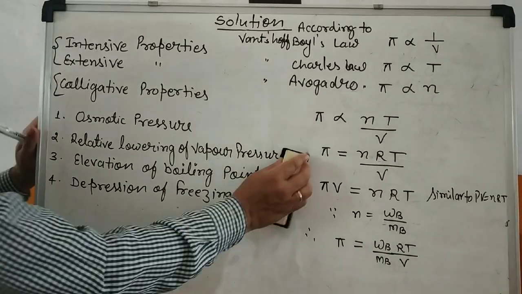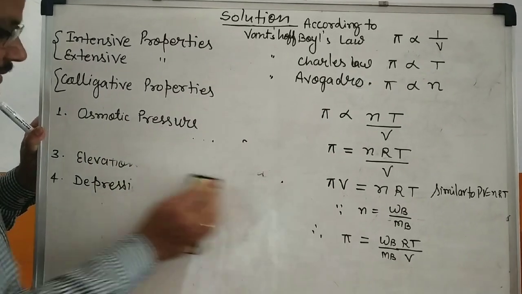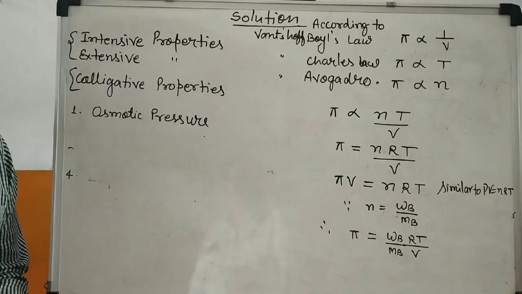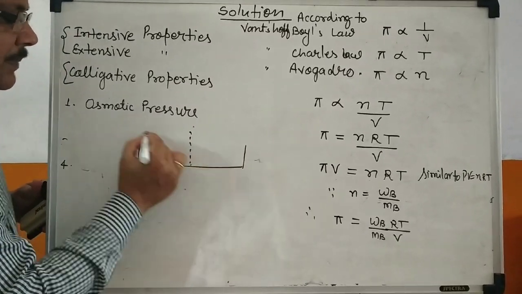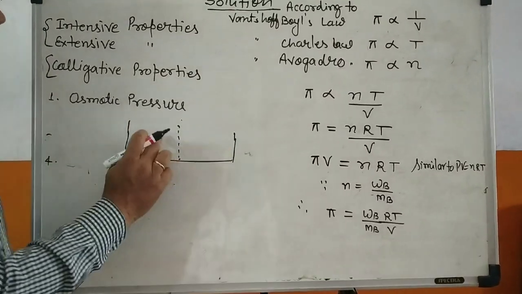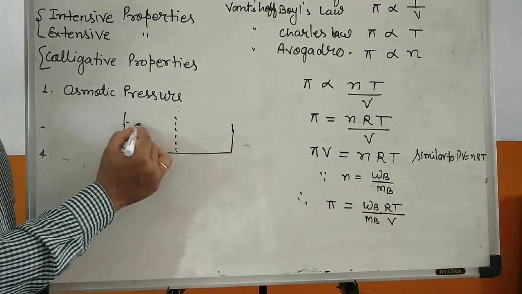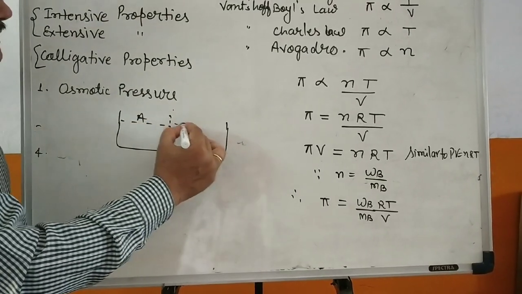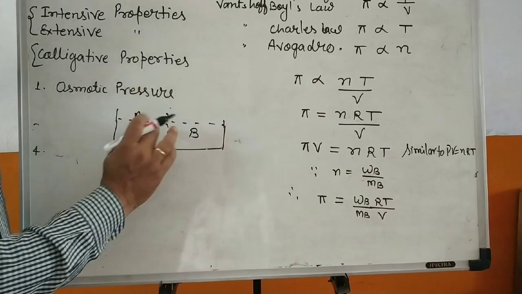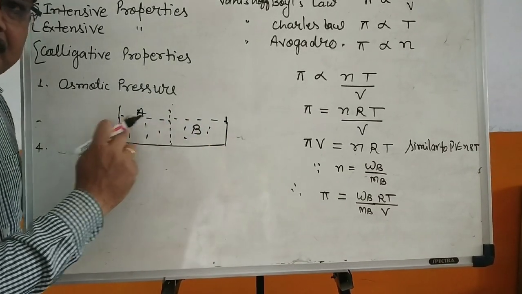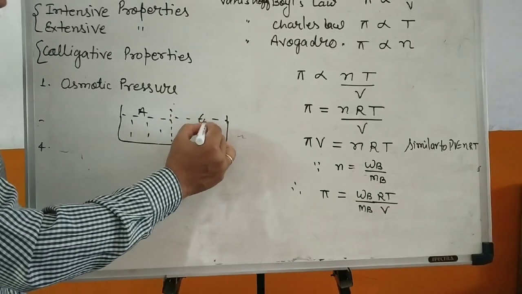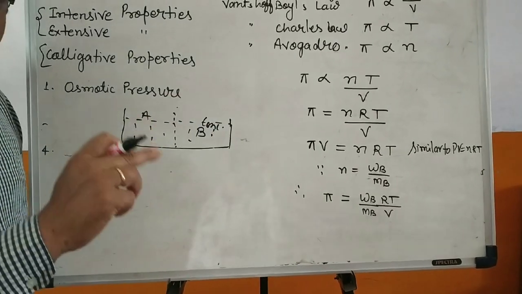What is the meaning of osmotic pressure? Suppose 2 solutions are separated by a semi-permeable membrane. This is the semi-permeable membrane. This is solution A and this is solution B. Both are equally taken. One solution is highly concentrated. Suppose this is the concentrated solution where solute particles are more.